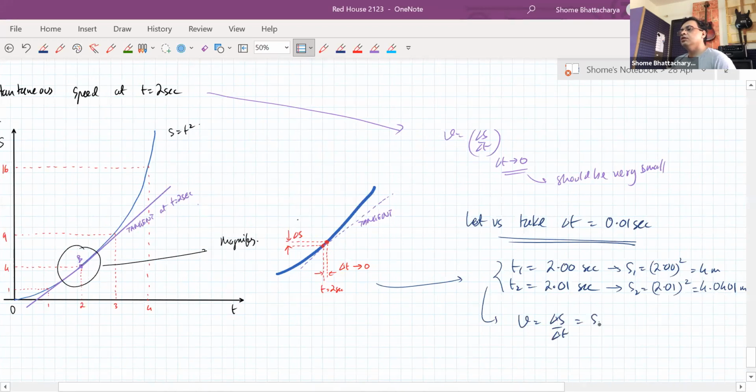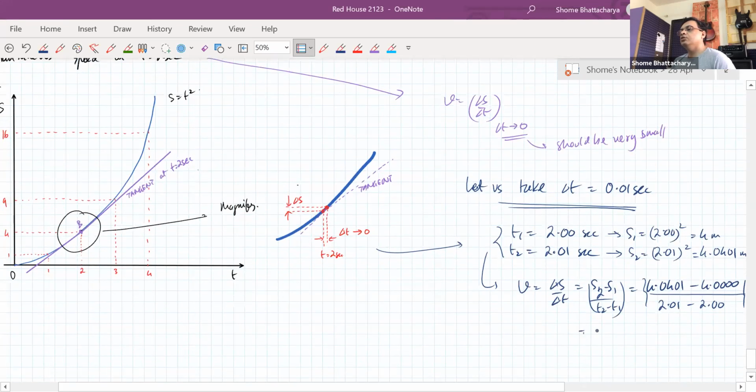It's going to be s2 minus s1 upon t2 minus t1, which is going to be 4.0401 minus 4, divided by 0.01. So as you can see, it's coming out to be 0.0401 divided by 0.01 in meters per second. So it's coming out to be 4.01 meters per second.